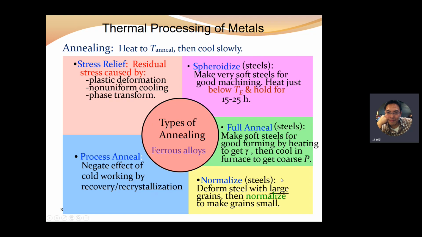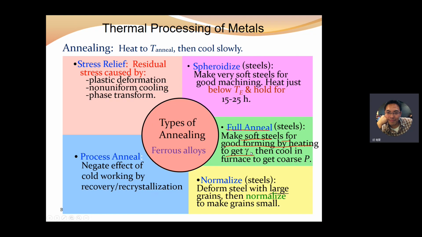And there are different types of annealing, such as the full annealing of steel. We make a softer steel with good formability by heating to get austenite and cooling in the furnace to get coarse pearlite. It's called full annealing. I'll introduce this later.